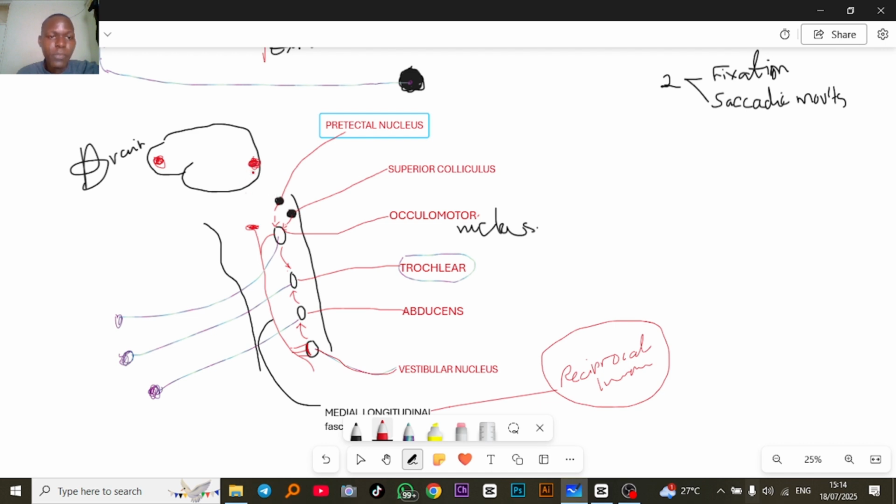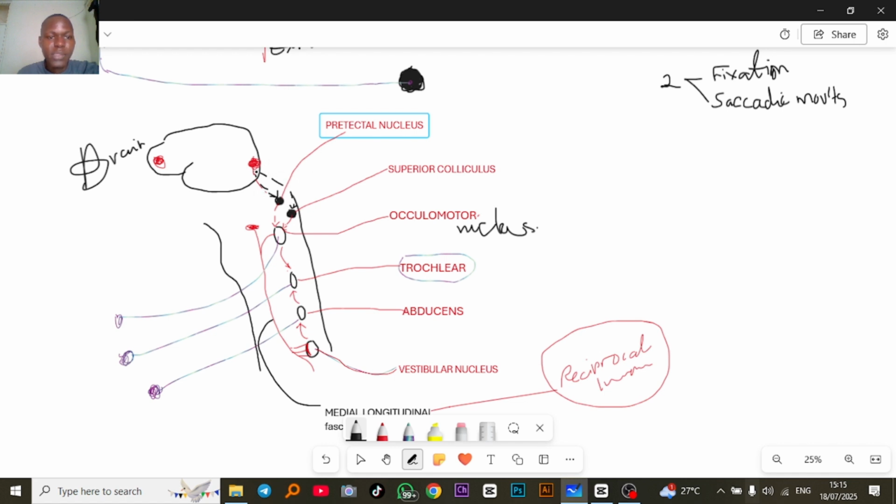So it's from this visual area. Of course, we know that this is the occipital lobe, where we have the primary visual cortex in the calcarine region. So we shall have information from the occipital lobe, that's primary visual cortex, feeding into these. There are two tracts.